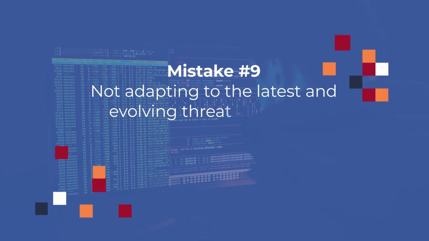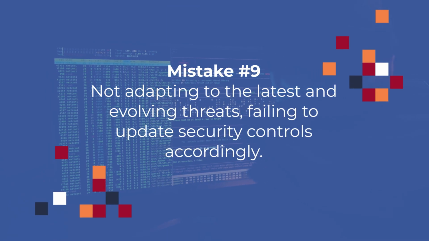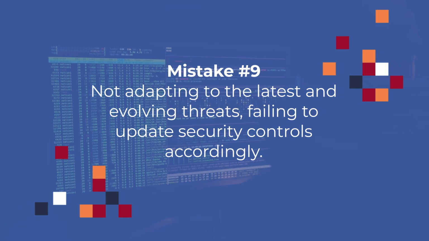Okay, makes sense. What would be mistake number 9? So the other thing is not adapting to the latest and evolving threats. You may have seen a lot of attacks in the past year, and you may have implemented or invested in defenses that are applicable for those attacks. But over time, those security controls may not be relevant anymore because of the evolving and changing threat landscape.